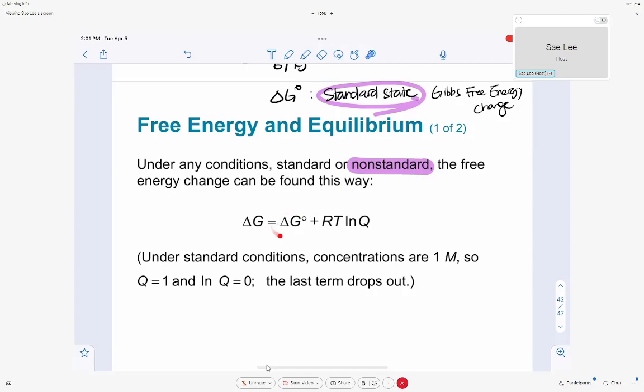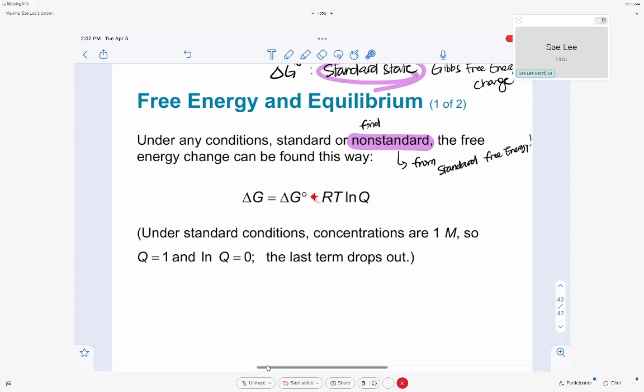So you can use the standard conditions Gibbs free energy to find the Gibbs free energy at non-standard conditions. You can find non-standard free energy from standard free energy. It's given by this equation.